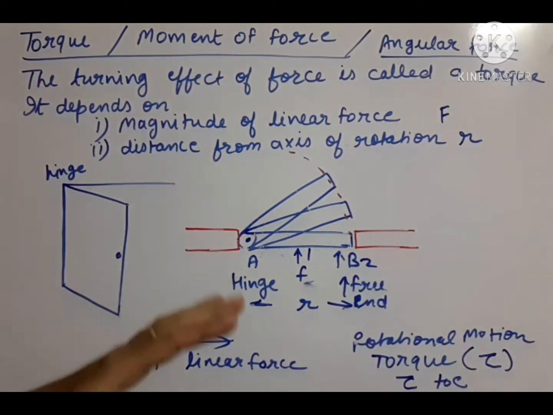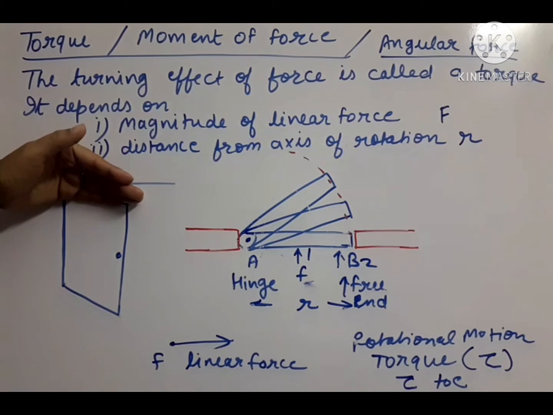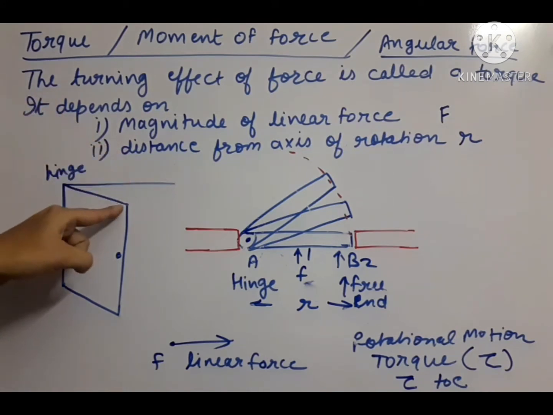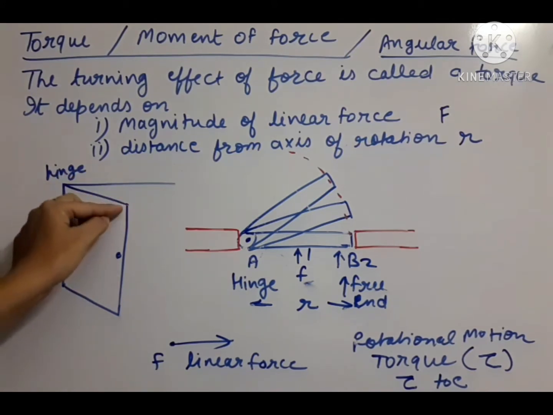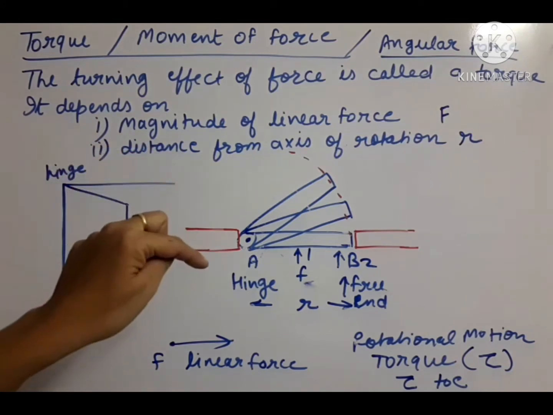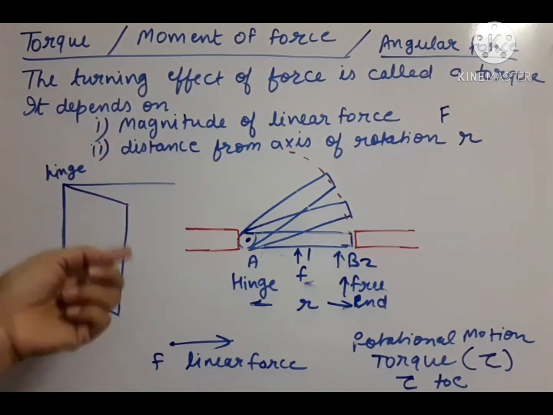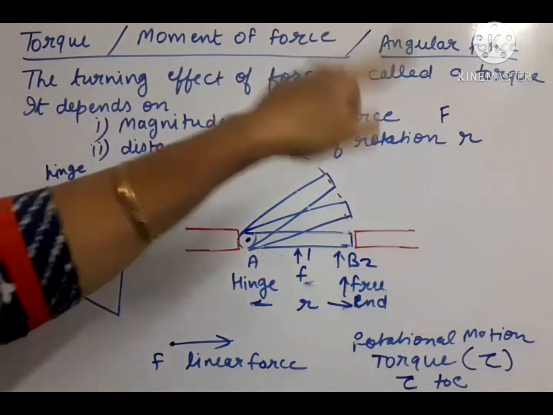So you must have got an idea that whenever we have to apply a rotational motion to any body, we need to apply a linear force F at the maximum distance from the hinge. In that case, the door will easily rotate. That means finally, because rotation has come, that force has converted into torque. So the turning effect of the force is called the torque.